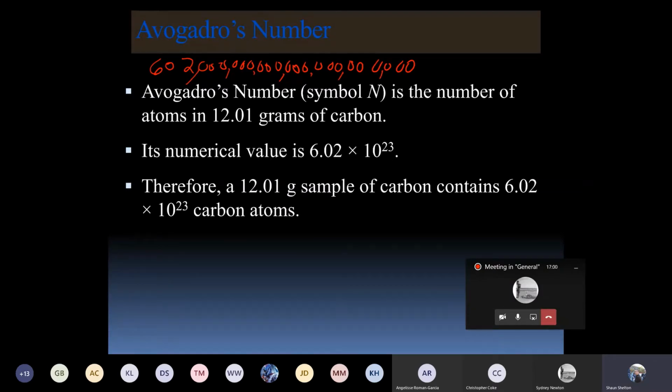So there's a lot of atoms packed tightly into a mole of carbon, in this case 12.01 grams of carbon.